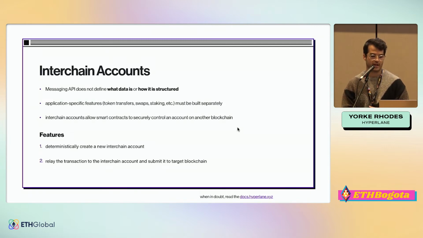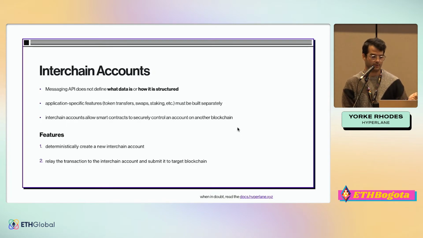But if we constrain the message encoding to basically actions, which can represent the entire set of actions that can be taken on a destination chain, and we leverage some properties of the EVM, mainly the create2 opcode, we can actually create these accounts on remote chains that are controlled only by a smart contract on the source chain.